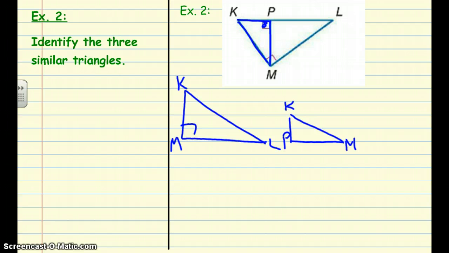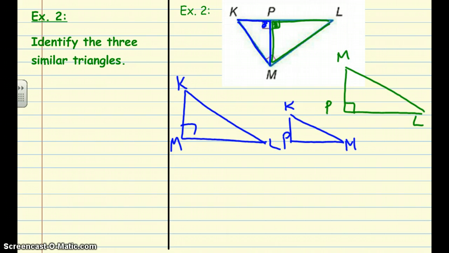Then there's a third triangle, so I'll outline that third triangle in green. I'm going to orient it so they're all facing the same way. Again, P is a right angle, it's right here. And here's M, and here's L.